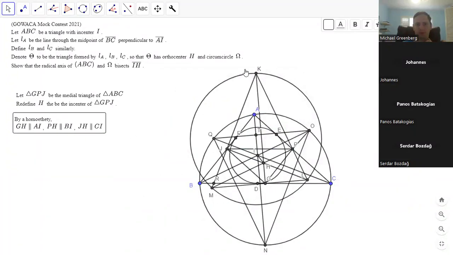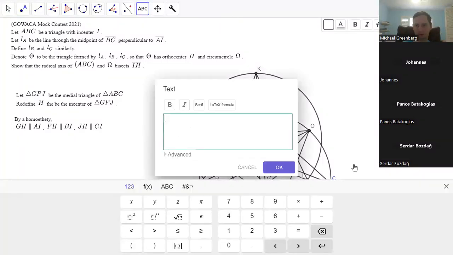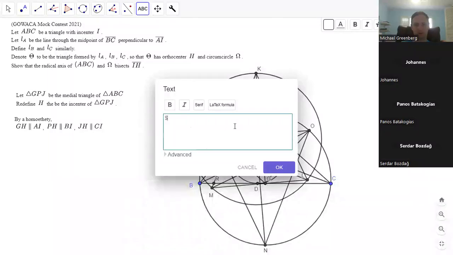Okay, so also K is the excenter of GPJ. And that implies that KH and G are collinear.